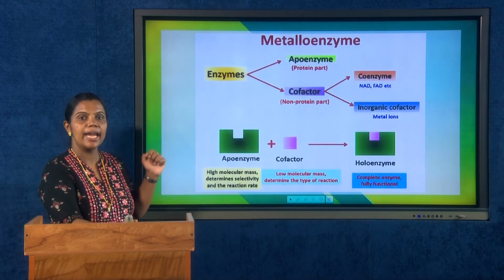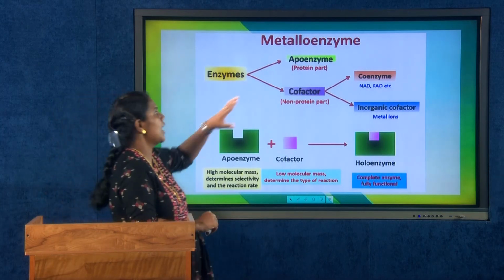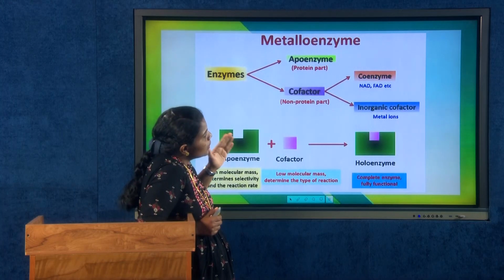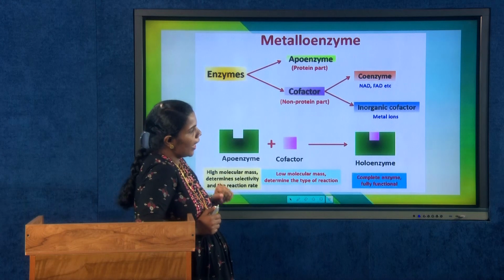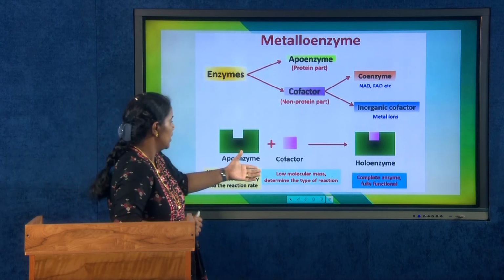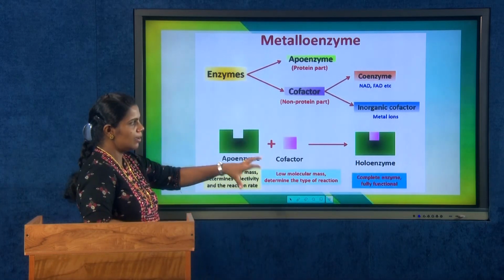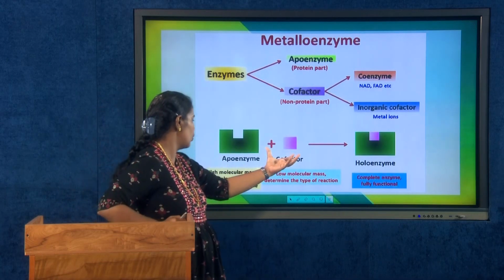We know that in enzyme structure, we have an apoenzyme part and a cofactor. The cofactor further contains either a coenzyme or an inorganic cofactor. Here you can see the holoenzyme, which is formed by the combination of apoenzyme and cofactor.